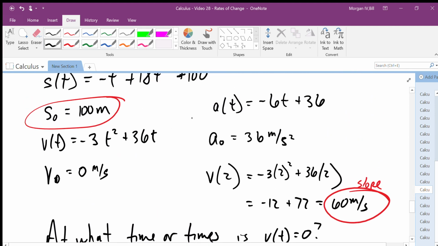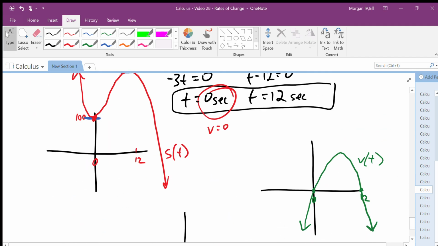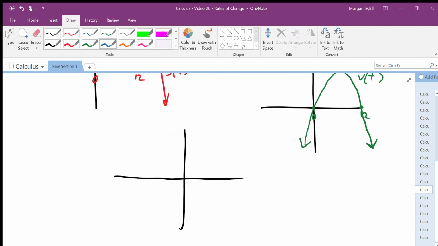Acceleration right here, negative 6t plus 36. Negative 6 means down 6, right 1, down 6, right 1, so it's going to cross here at 6. Right, that is our acceleration function.